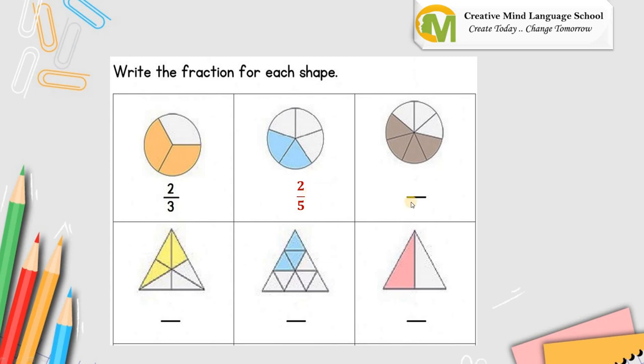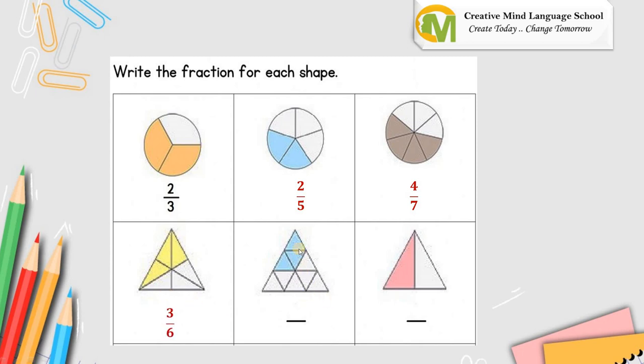Very good. The third one, how many colored parts? It's 4. From what? From 3? No, very good. I count all parts. So the answer is 4 over 7. Very good, Primary 4. The next one, how many parts? Yes, 3 over 6.